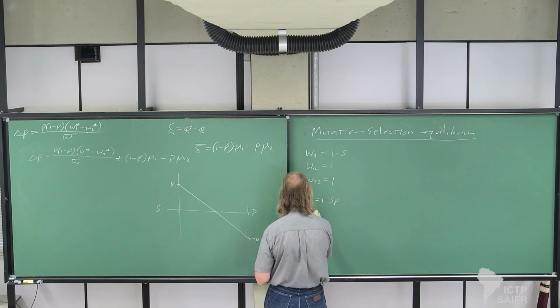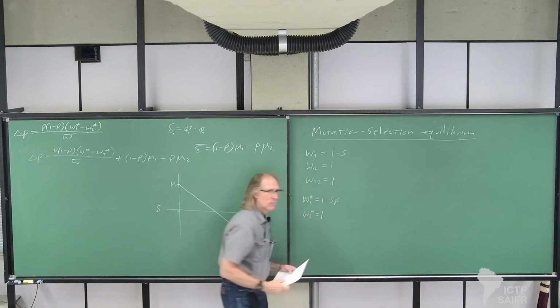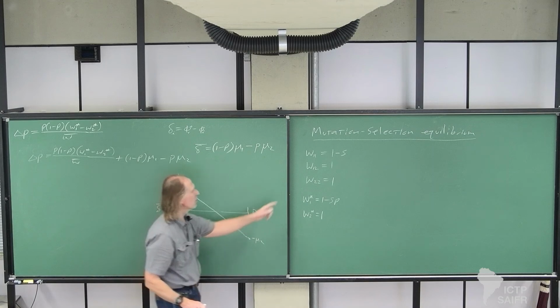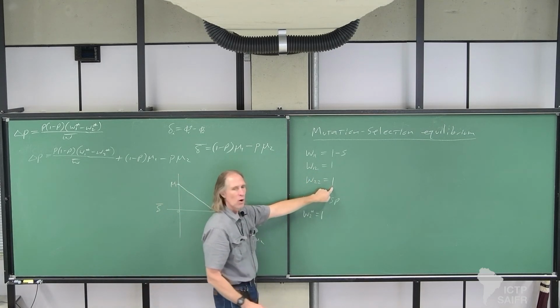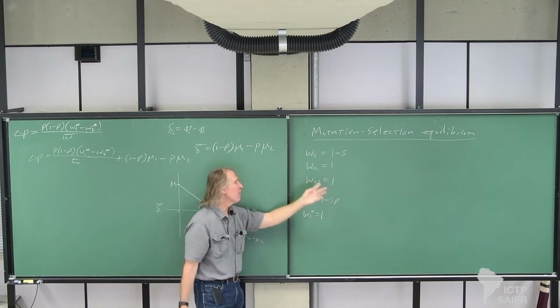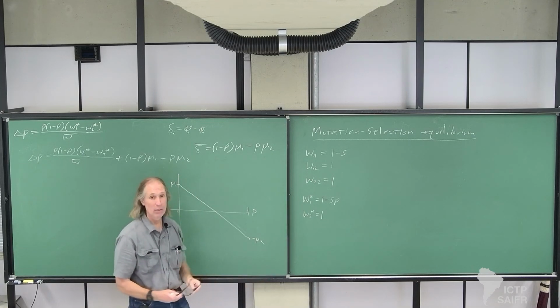And W2 star comes out to be 1. And it should make sense that W2 star is 1 because all the genotypes that have A2 in them have a fitness of 1. So its marginal fitness is just the average over those, but they all have the same fitness. So it's an easy case. It has a fitness of 1.